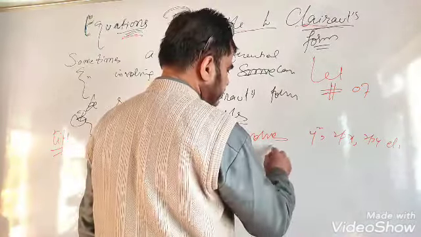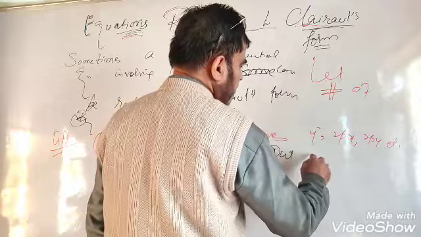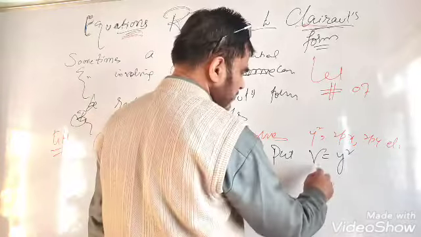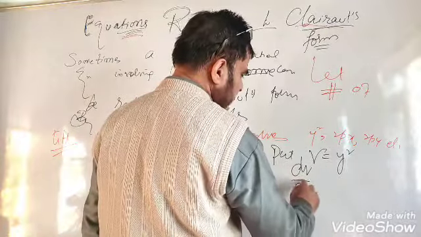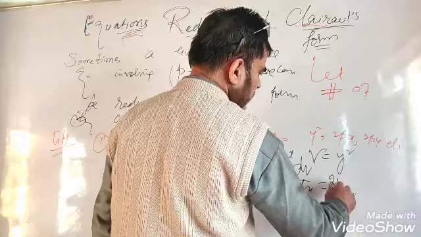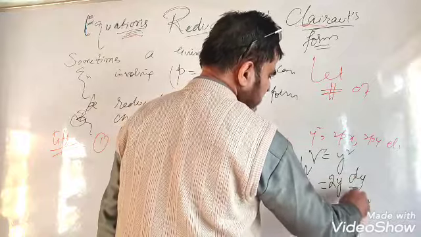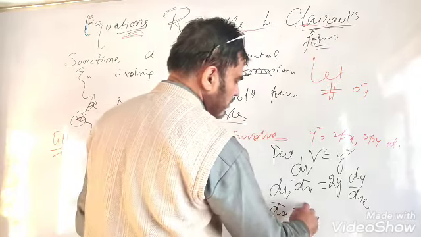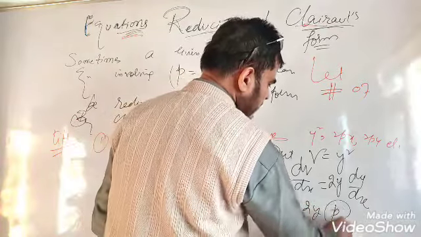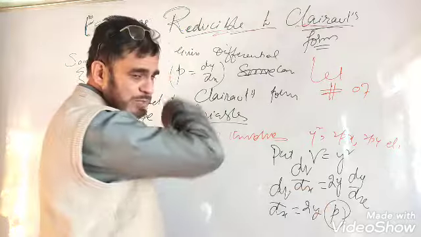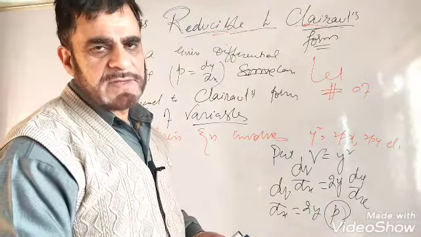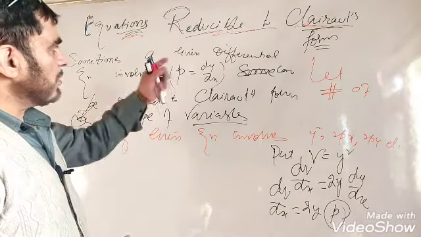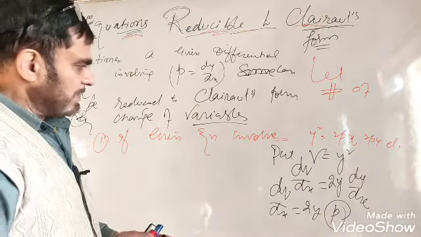We put v is equal to y square, say. This gives you dv by dx is equal to 2y dy by dx. This gives you dv by dx is equal to 2y p. Then you find out the value of p and use this value of p in the given differential equation. Let us see, it can be reduced into Clairaut's form in some cases.